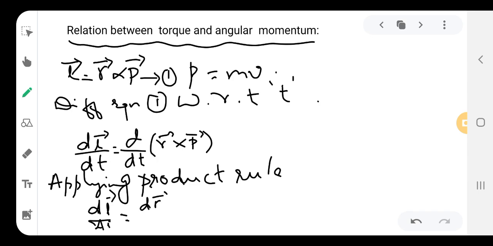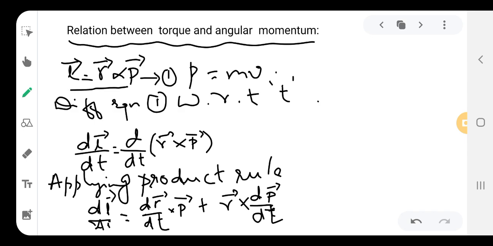First we will take r, dr by dt, into p vector, plus r into dp vector by dt.